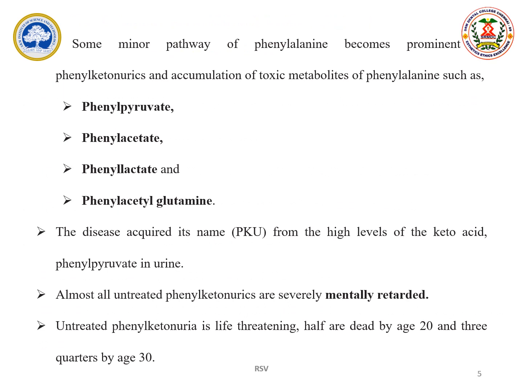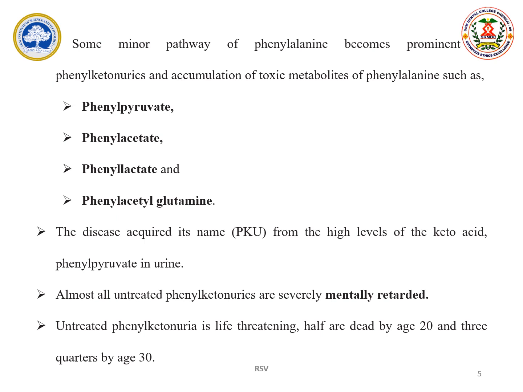So some minor pathways of phenylalanine become prominent in phenylketonurics, with accumulation of toxic metabolites of phenylalanine, such as phenylpyruvate, phenyllactate, phenylacetate, and phenylacetylglutamine. The disease acquired its name phenylketonuria from the higher level of the keto acid phenylpyruvate in the urine.